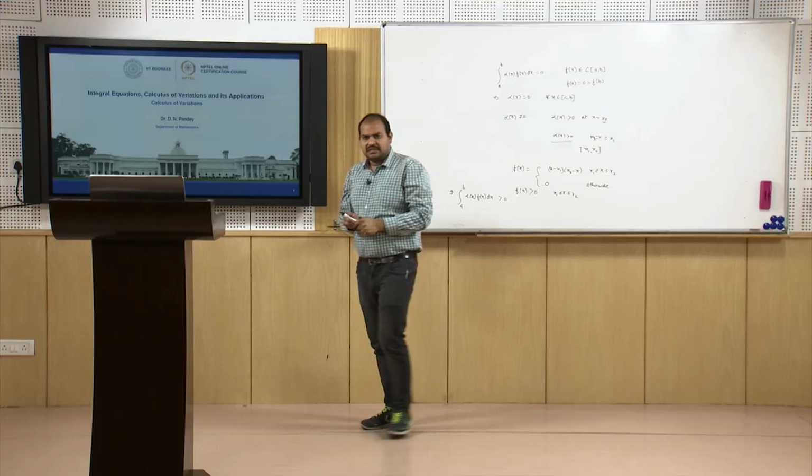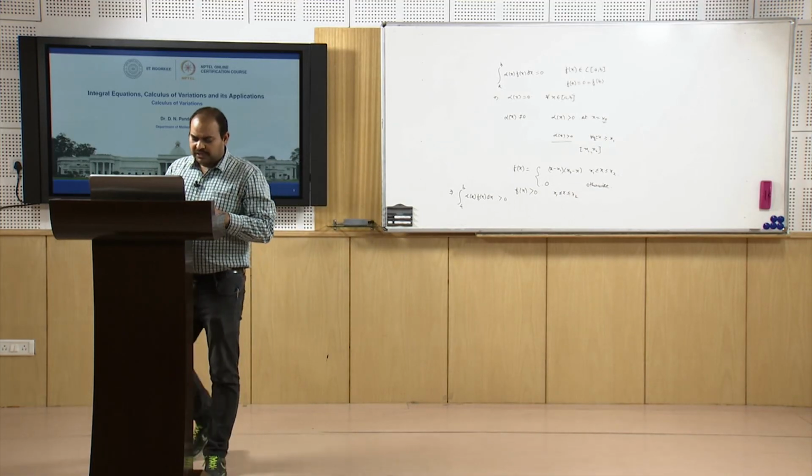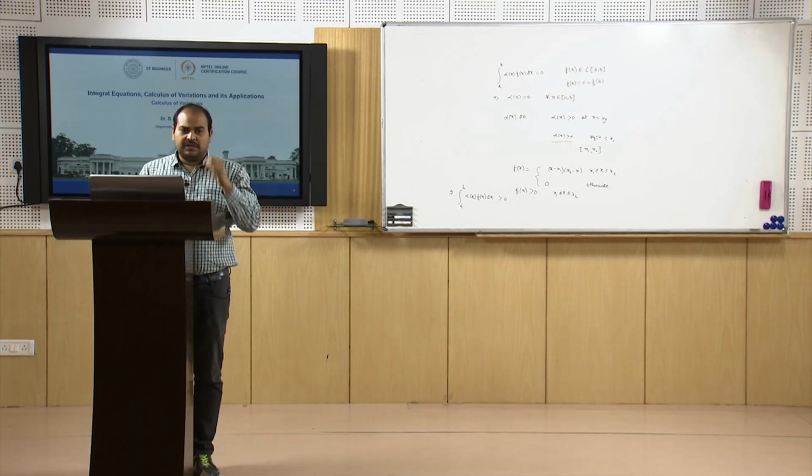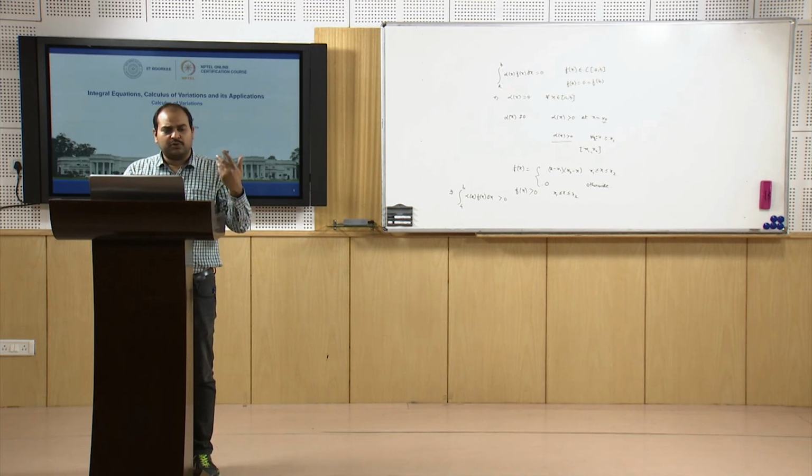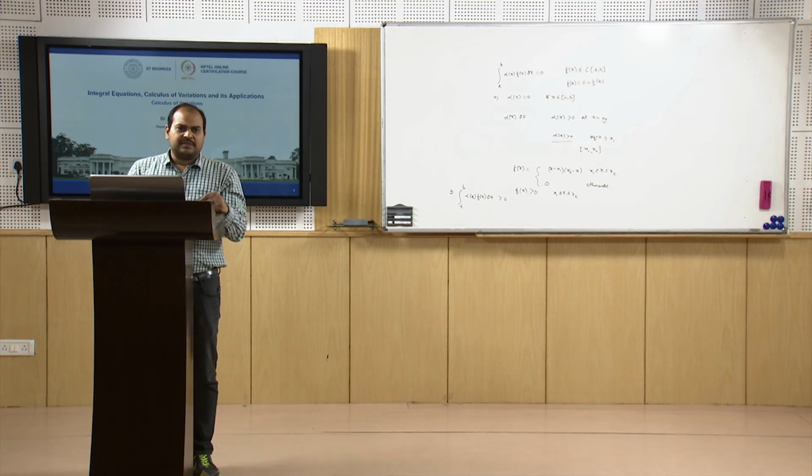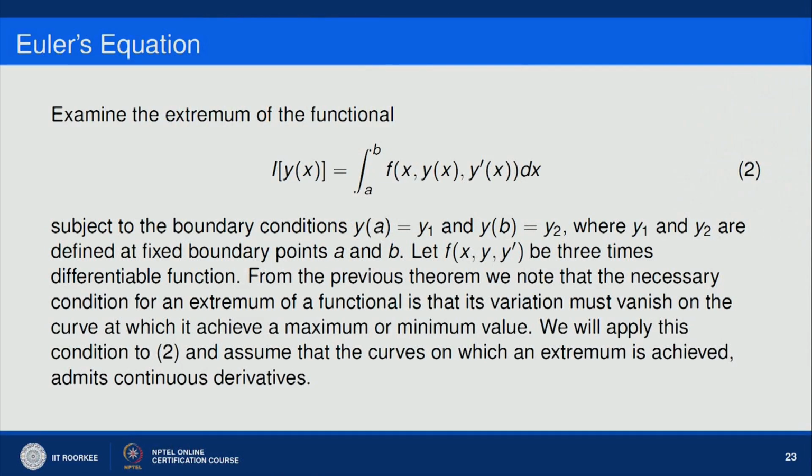Okay. So, using this lemma we are trying to find out the extremum of the function y of x. We want to find out the condition which an extremum function will satisfy. So, moving on, let us consider the Euler equation.